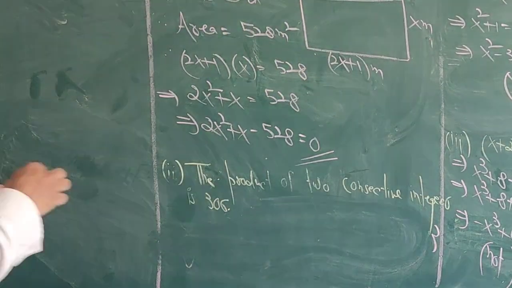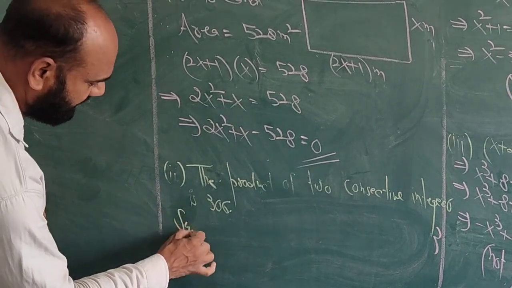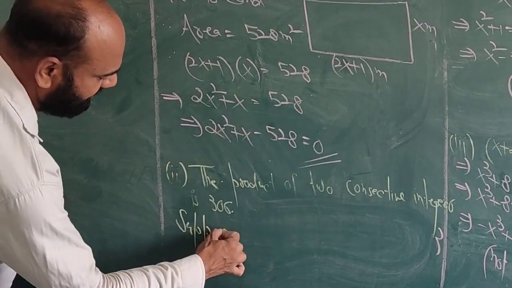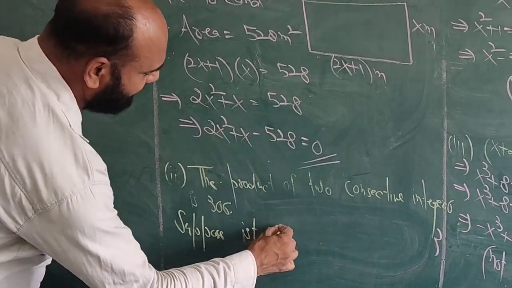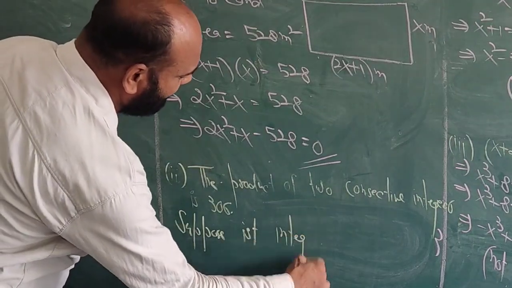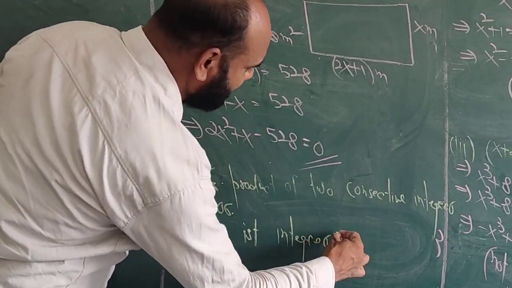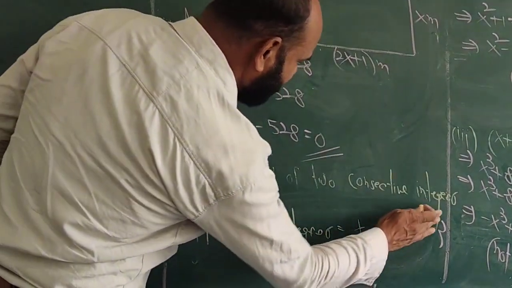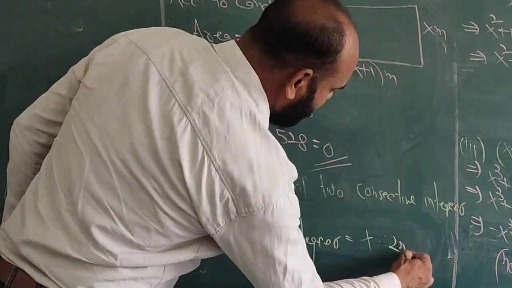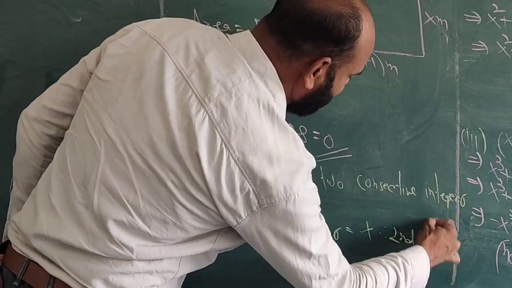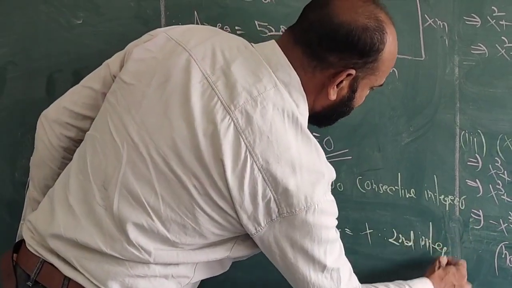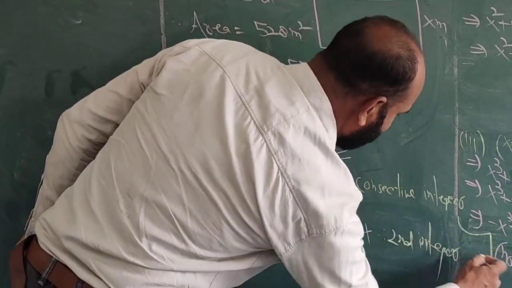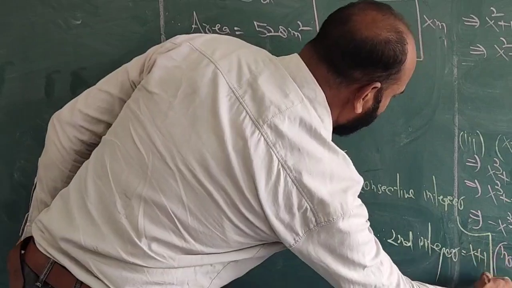Here we suppose the first integer is equal to x. Therefore the second integer is equal to x plus 1.